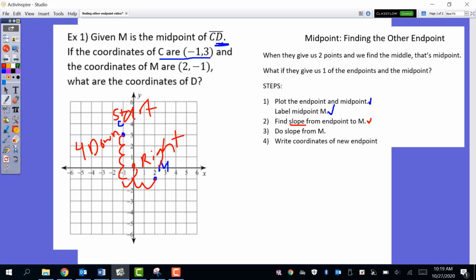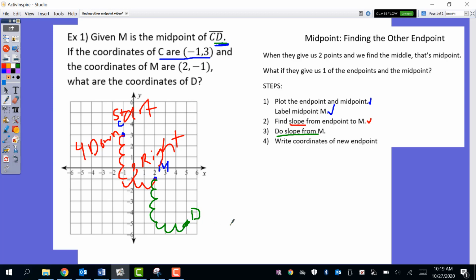So now what I'm going to do is do what I just did, 4 down and 3 right, but I'm going to start at M this time. So 4 down, 1, 2, 3, 4, and I go 3, 1, 2, 3, and that is where my new point is. Okay, so I'm going to label it D because it said that was the other endpoint.